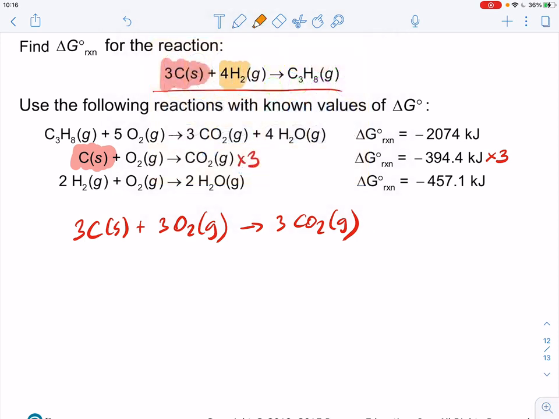The next one is hydrogen. And if you search your reactions, then hydrogen is here. Okay? That reaction gives you 2 hydrogens as a reactant, but you need 4 as a reactant. So this equation has to be multiplied by 2, which means we multiply the free energy by 2 in that case.